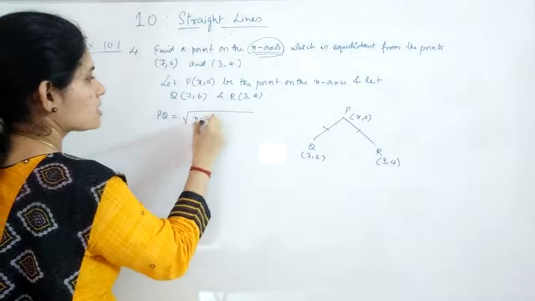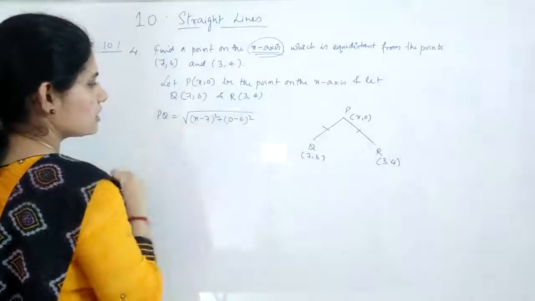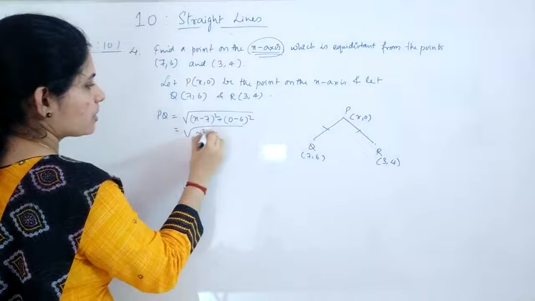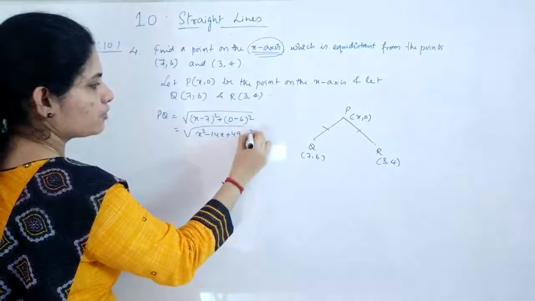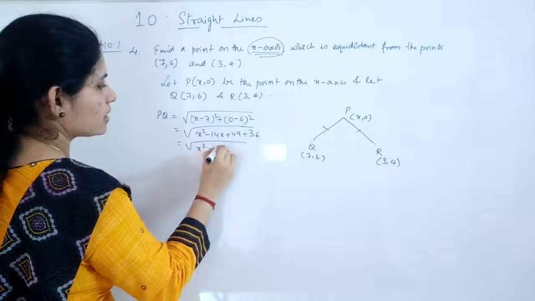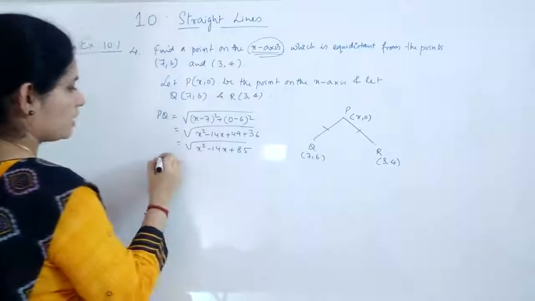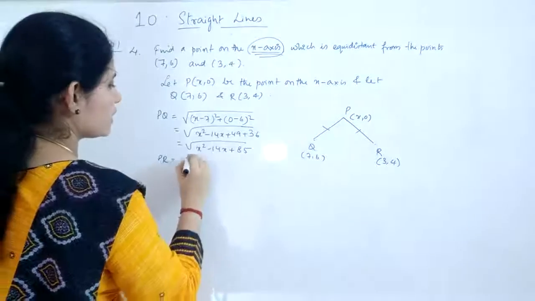So x minus 7 the whole square plus 0 minus 6 the whole square is your PQ, which is root of, here you will get x square minus 14x plus 49. This will give you plus 36. Or this is root of x square minus 14x plus 85. Now what is PR? These two are equal, no? So we are finding out these two values.